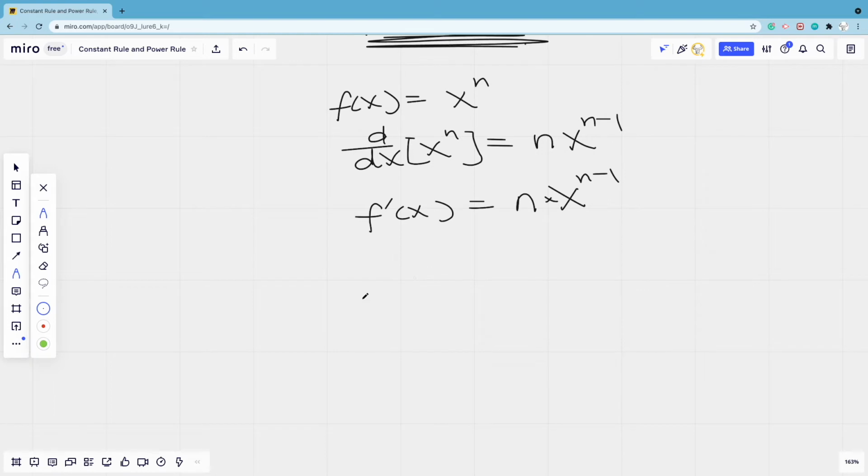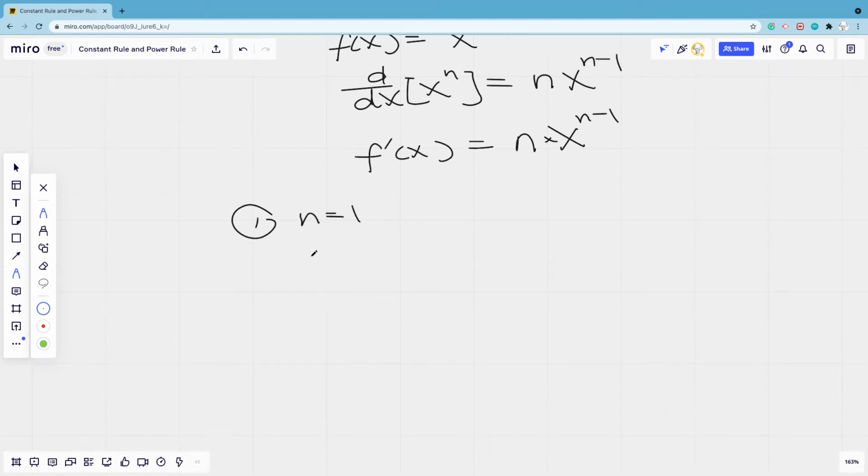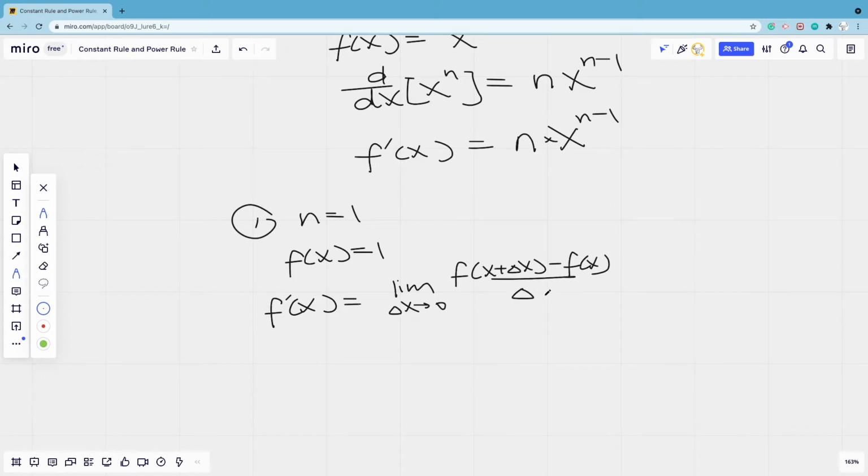Now we could try this for some examples. Let's say n equals 1. Let's use the definition again: the limit as delta x goes to 0 of f(x plus delta x) minus f(x) over delta x. This equals the limit as delta x goes to 0 of delta x over delta x, because these are just the identity functions.